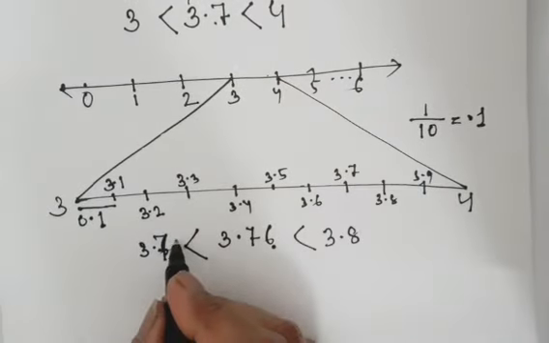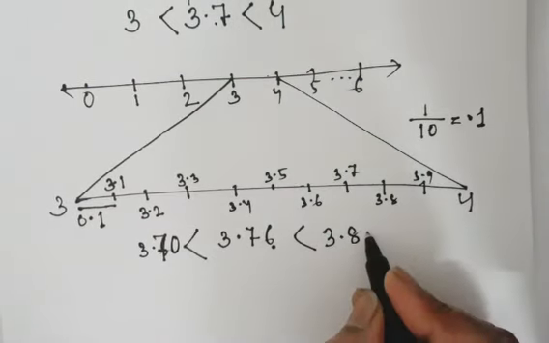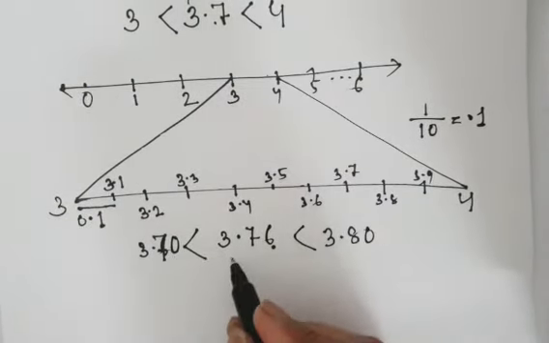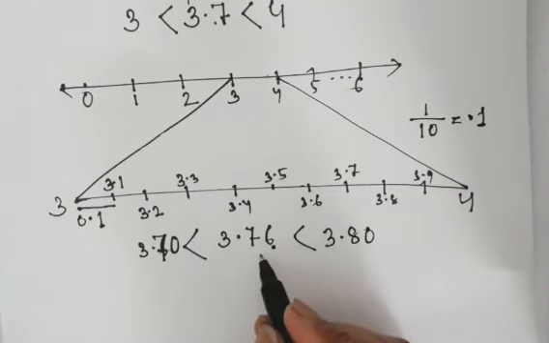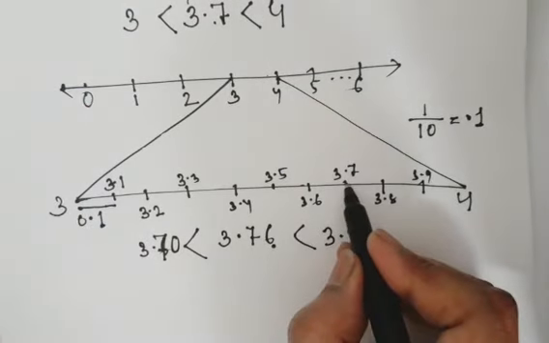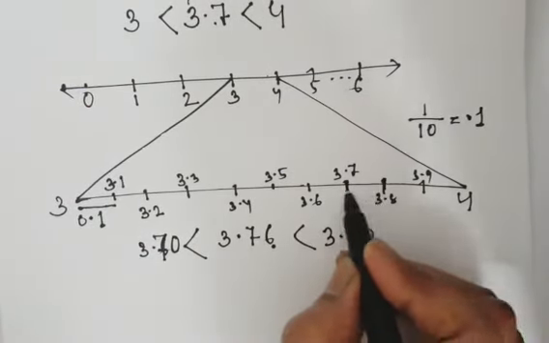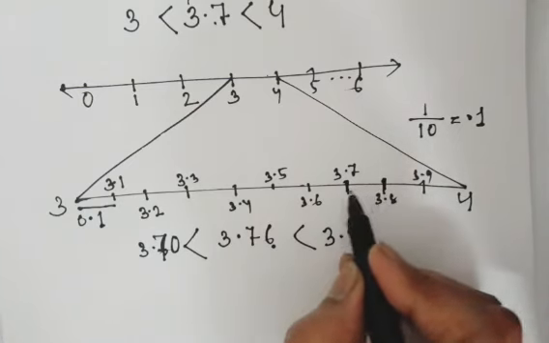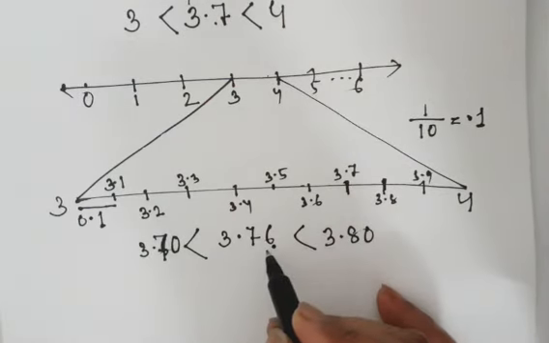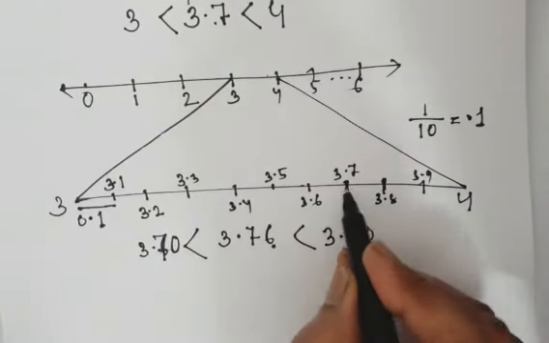Why? Because if I add one more 0 here, now 70, then 71, 72, 73, 74, like this 76 comes. So that means 3.76 must lie in this small line segment.